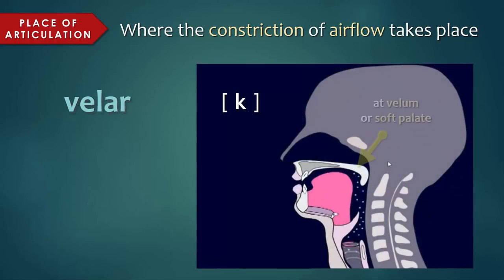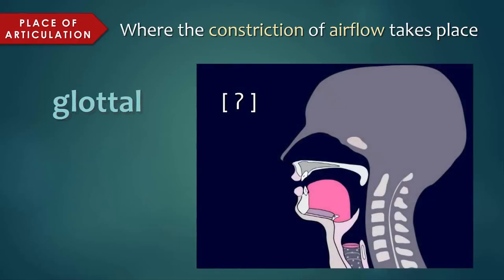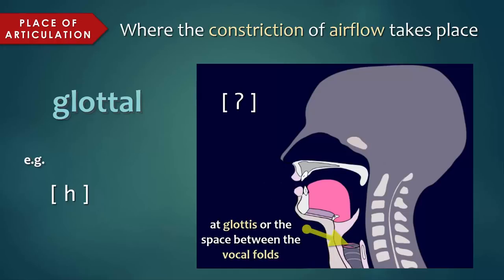Velar sounds are produced at the velum or soft palate, such as k, g. And glottal sounds are produced at the glottis or the space between the vocal folds, such as h, or the catch in the throat as in Batman.